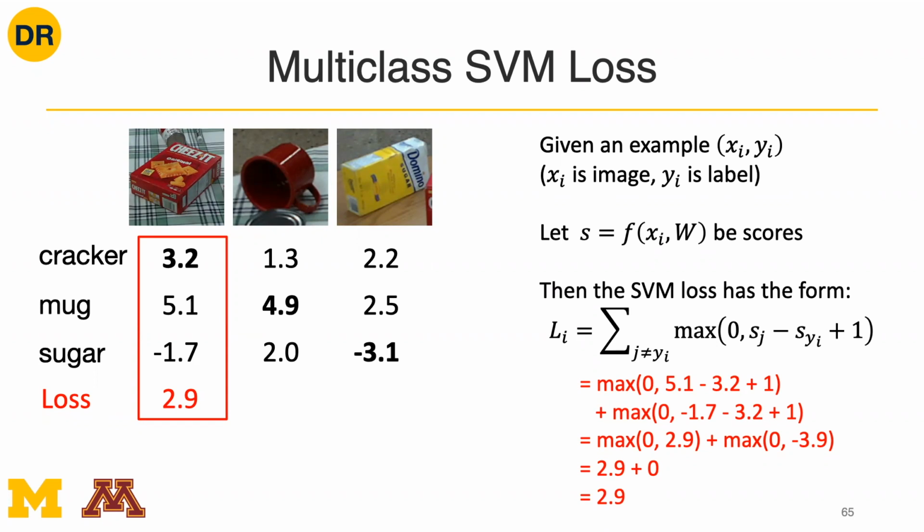Whereas for the term that is part of this sugar, we are not getting any value from the second element, which is just 0, because it's already too far away from the ground truth value, which is 3.2. So the loss function is entirely dependent on the value that your classifier is giving out for the true label.